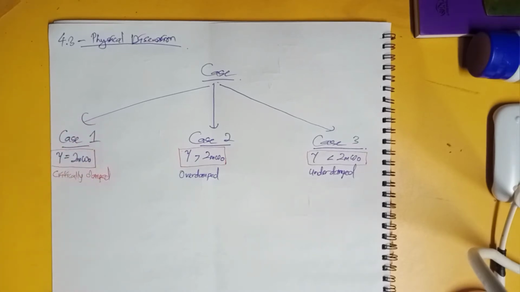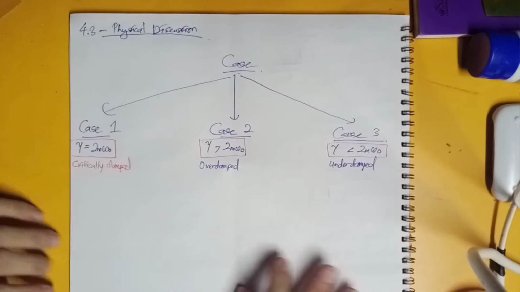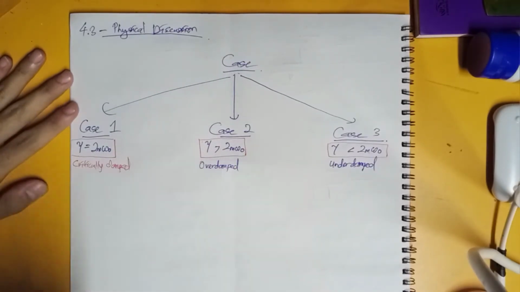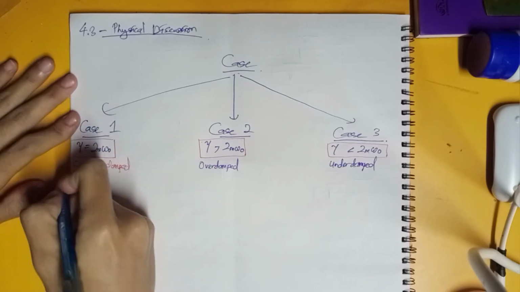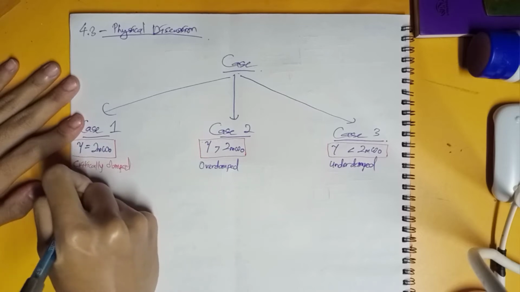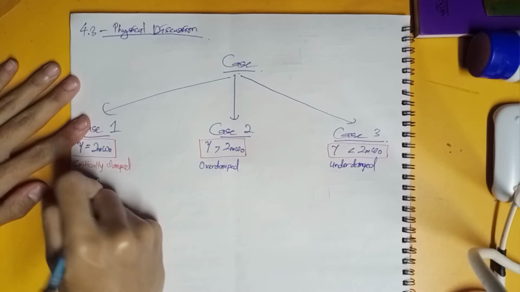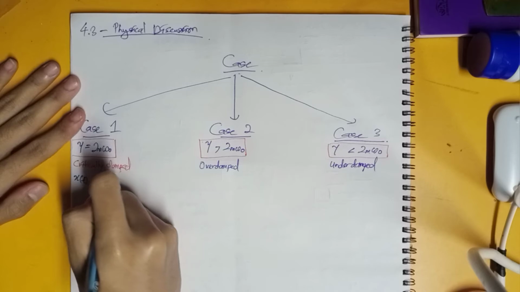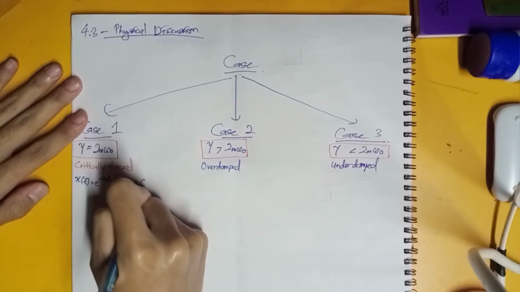Okay, simple. Now before we go further, let's write the displacement equation for each of these cases. For case 1, which is γ equal to 2mω₀, the displacement is x(t) equals exponential of negative ω₀t, times (c₁t plus c₂).